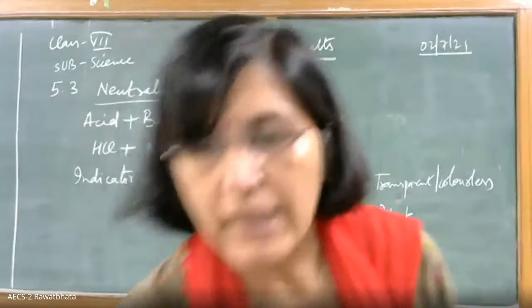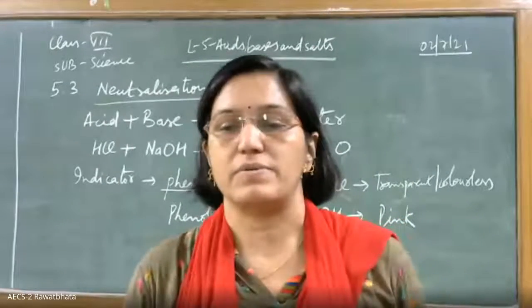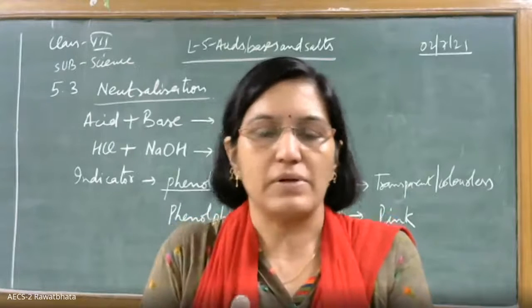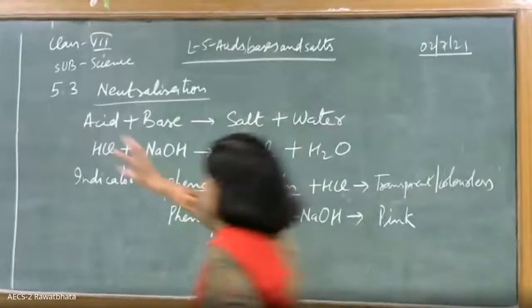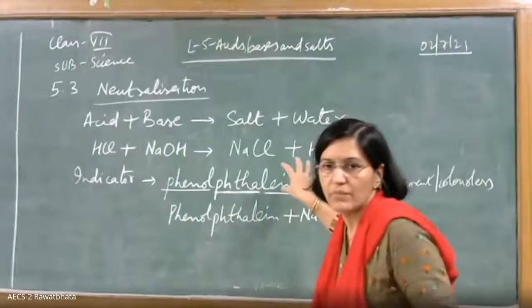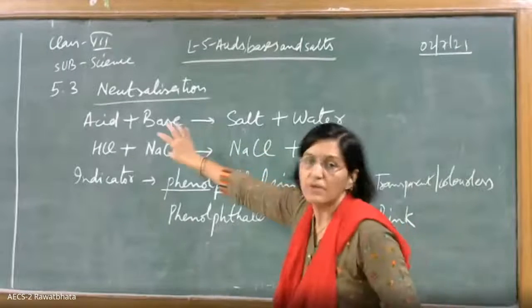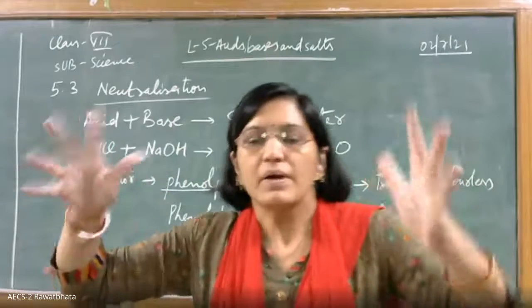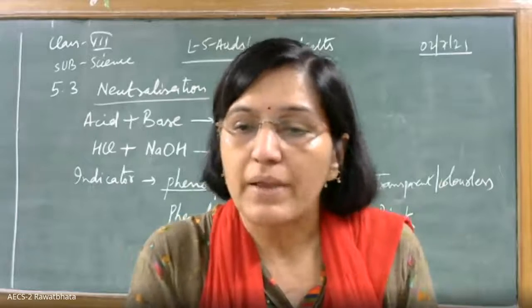Let me understand it this way. For example, in a class, we were trying to balance girls and boys. 5 boys, 5 girls. Balanced? Okay, girls, boys, balanced. Now, if you add 5 more girls to the balanced group, girls are addition. Same way, 5 boys and 10 girls.